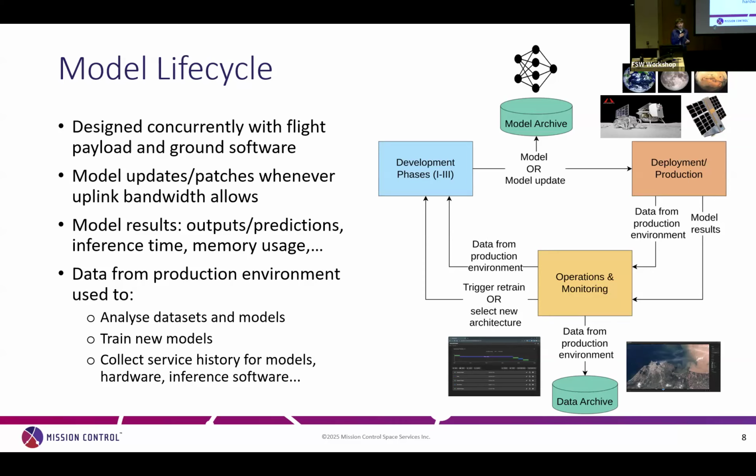Then data from there, so both the input data passed to the satellite and our model results, as much as we can, we bring down. That's fed into operations and a model monitoring system. And from there, it's actually fed back into development so that we can use it to retrain new models.